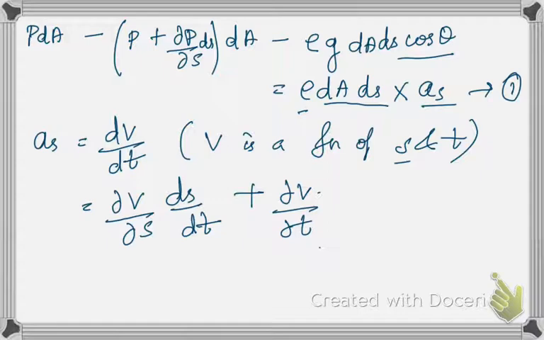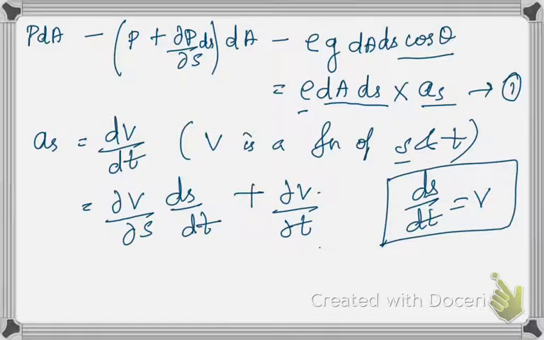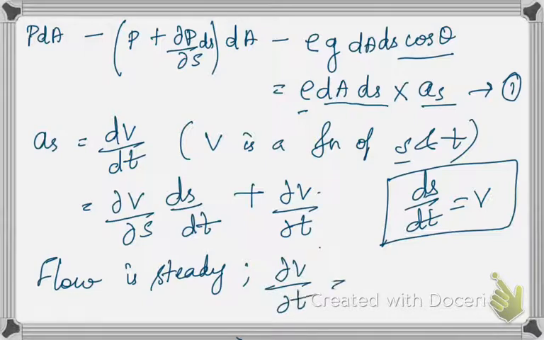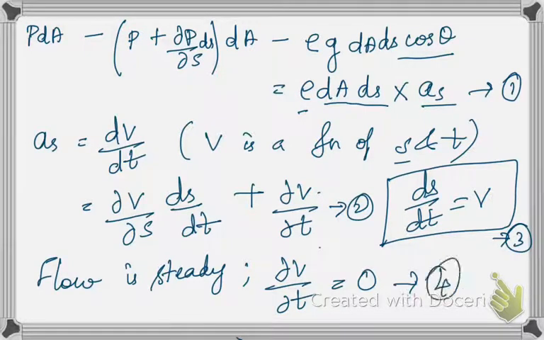So what is this ds by dt? It is nothing but velocity. Velocity is equal to distance by time taken, so ds by dt. Suppose the flow is steady, assume that the flow is steady. If the flow is steady, then dou v by dou t will be equal to 0. So you can keep this as equation 2, this as equation 3, and this as equation 4.